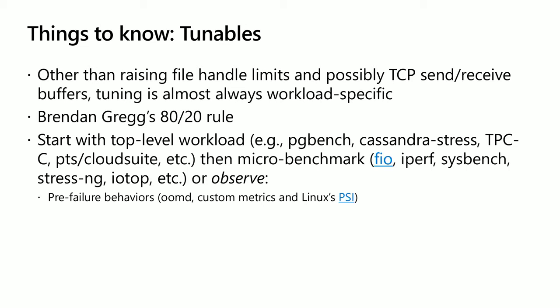But you're not going to find that doing micro benchmarking, right? You're not going to get into those latency outliers and say, great, we're going to run a bunch of FIO or iPerf or any of these tools, and we're going to find out what's wrong. Oftentimes, you're going to observe what's wrong. And again, this goes back to the little demo I did with custom metrics and the ability to use some of these signals, including PSI, to try and understand where the contention is, and always try to root cause the instance.